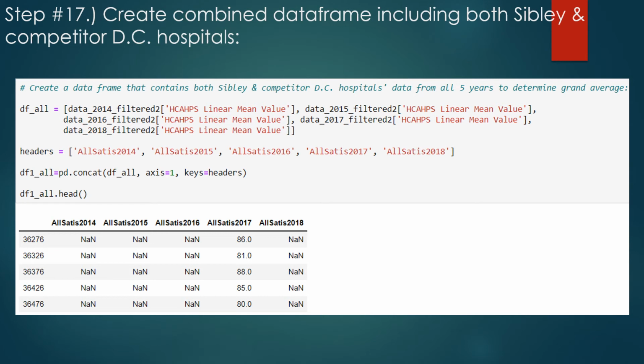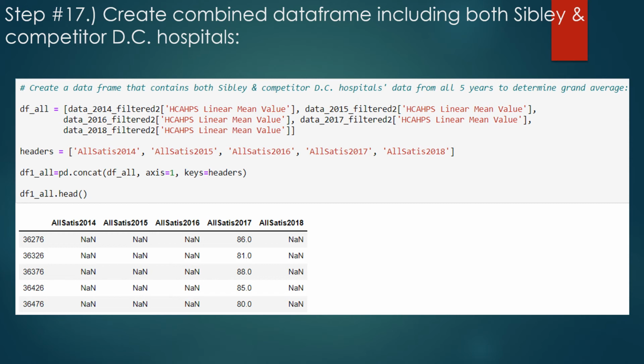Now we create a data frame that contains both Sibley and competitor DC hospitals data from all 5 years to determine the grand average. So we're creating a data frame that includes all the HCAHPS linear mean values for all the years.